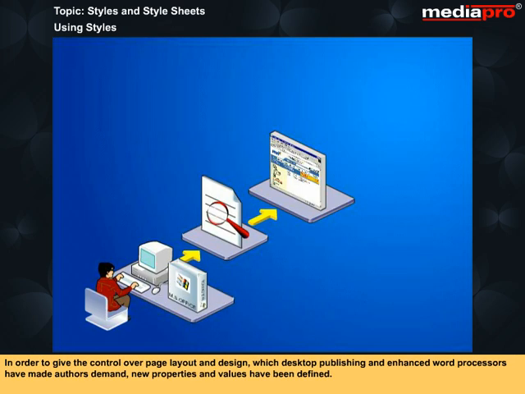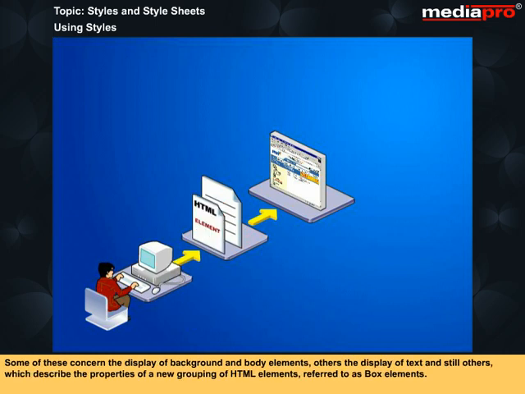In order to give the control over page layout and design, which desktop publishing and enhanced word processors have made authors demand, new properties and values have been defined. Some of these concern the display of background and body elements, others the display of text, and still others which describe the properties of a new grouping of HTML elements, referred to as box elements.